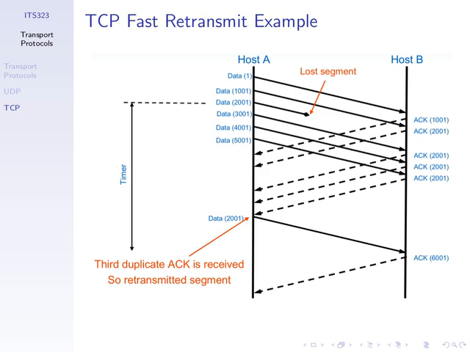And then it receives a third 2001 ACK, and then it says, okay, let's assume this segment that I sent, data 2001, I've just received 4 ACKs with the same ACK number saying that B hasn't received this segment. Most likely it didn't get to B. Therefore, let's retransmit it now. Retransmit that segment, receive the ACK, everything's okay.